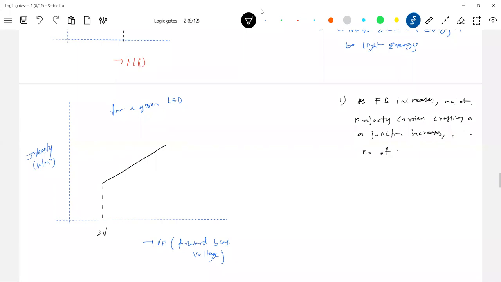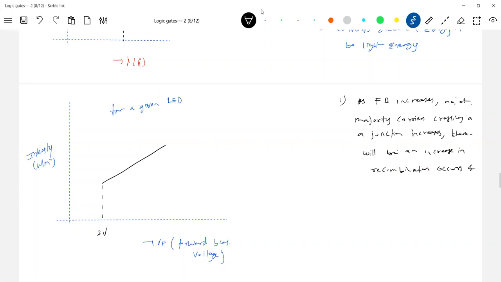The core idea is what I'm explaining. There will be an increase in recombination.